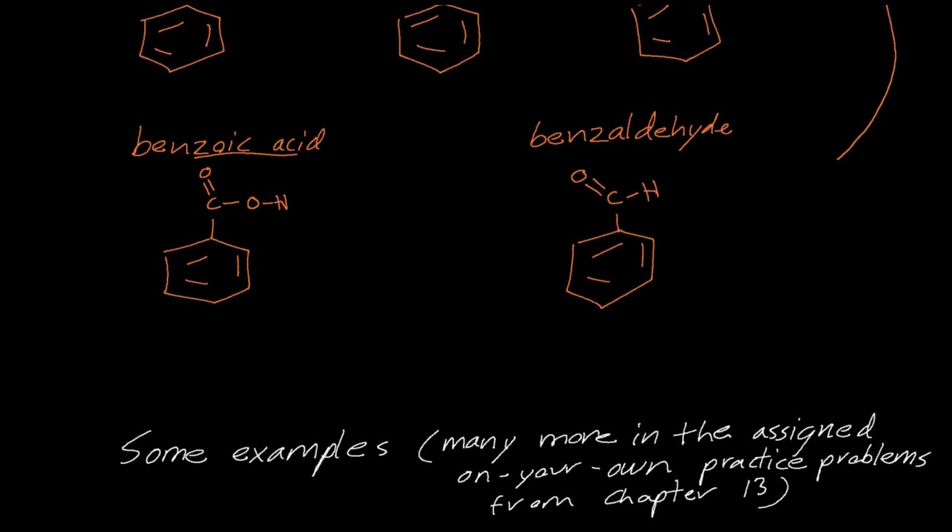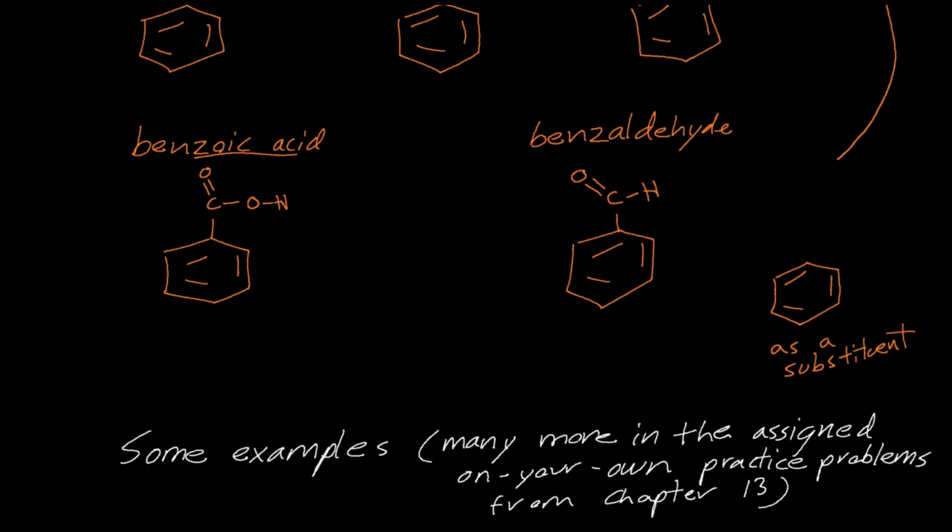When I said a phenyl, I meant a benzene ring as a substituent. As a substituent stuck to something else. So like a methyl group, an isopropyl group, a tert-butyl group, the ones that we learned.